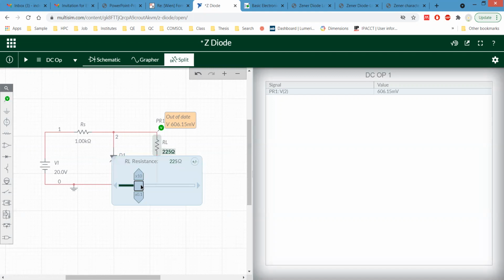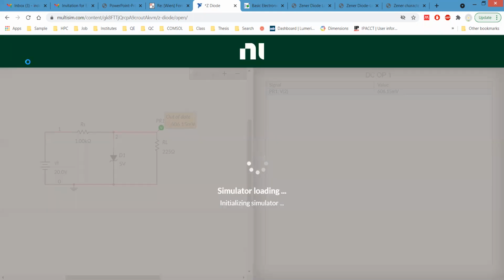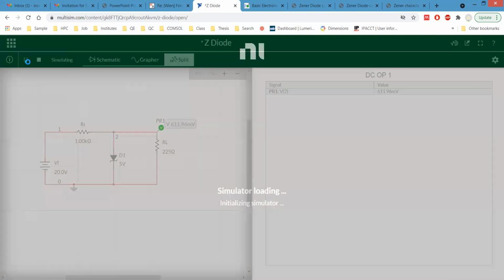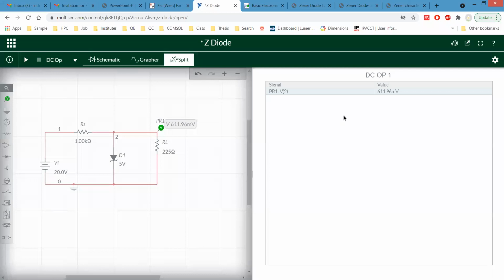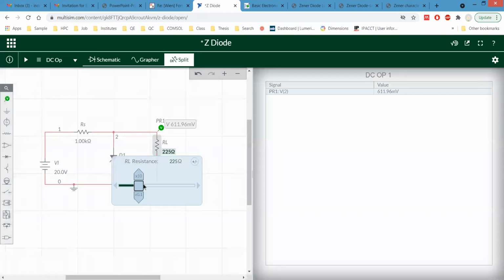So let's have another value less than that and then simulate it. Voltage is this much millivolt. Then change it to beyond 330, let's say 400 ohms.